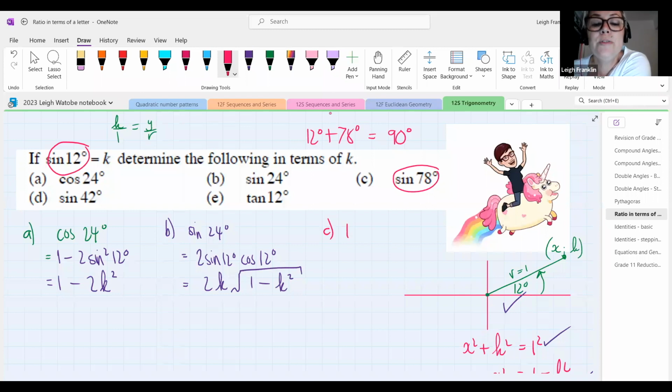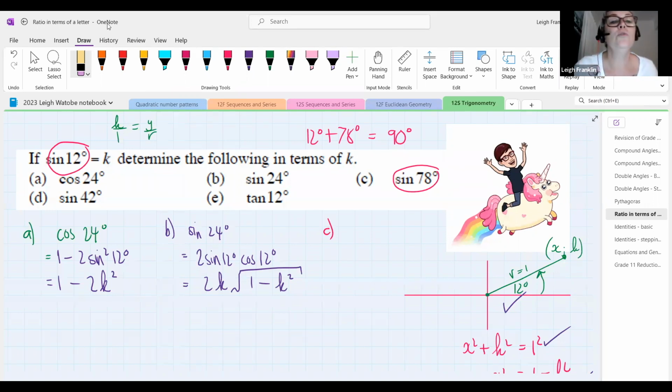Now, because you said 180 minus and then you said 90 and then minus again, this means that you're going to be using a co-function. So when you are using a co-function, it means that sine theta changes to cos theta and cos theta changes to sine theta.